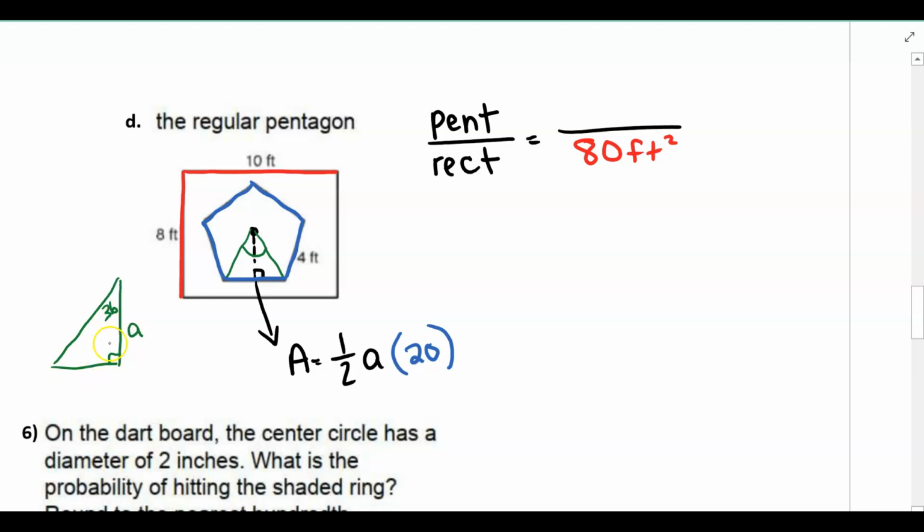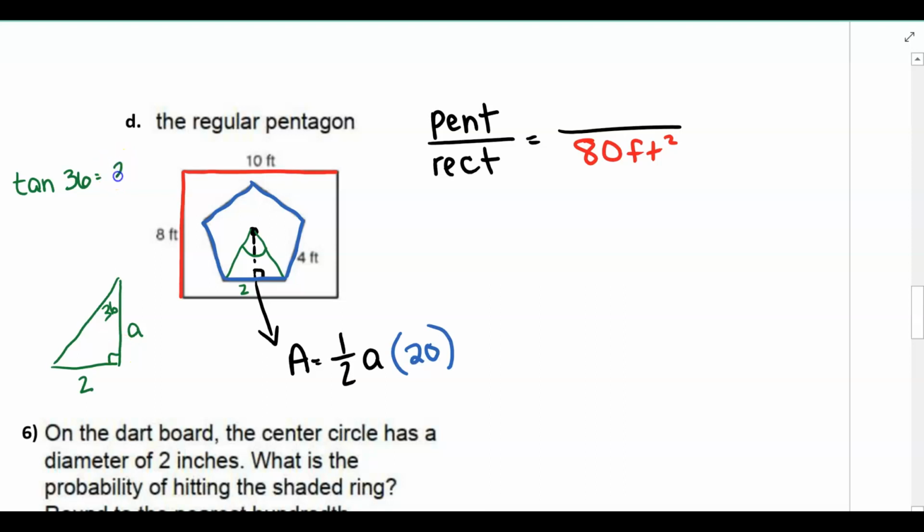The only reason why I can do this is because if one whole side is 4 and my apothem splits that in half, I know this portion is 2. Okay, hopefully we're good there. So I do my trigonometry. I know it's tangent of 36 because I know the side opposite from 36 and I want the side adjacent.